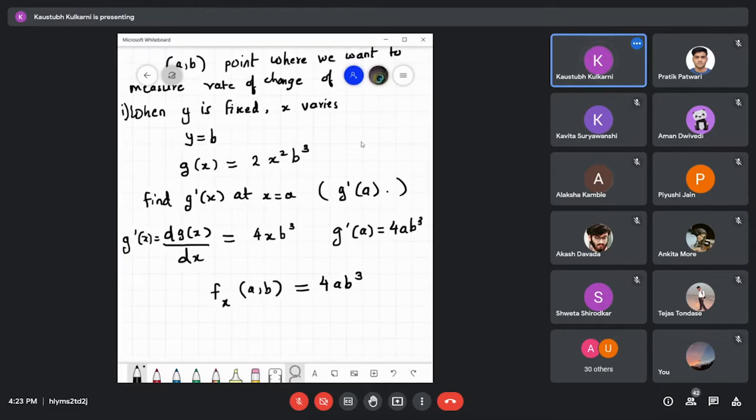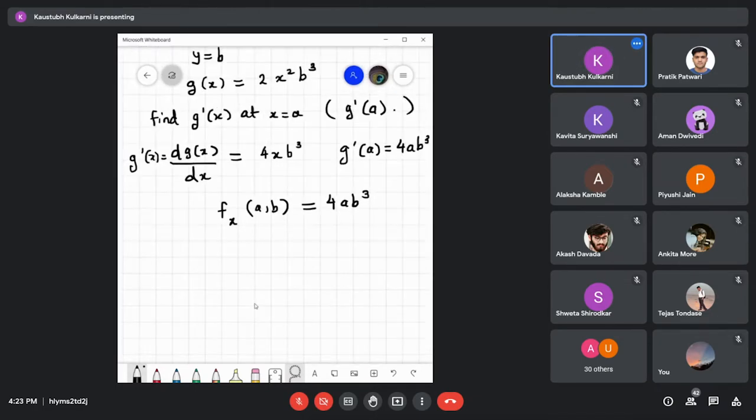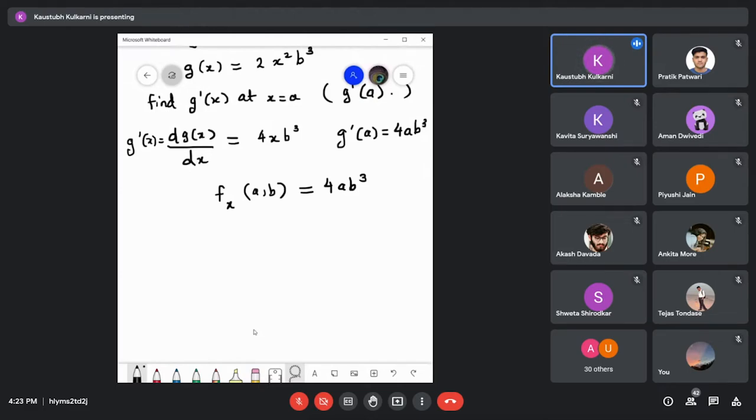Now consider the case when x is fixed and y varies. Again we are finding it at the point ab.